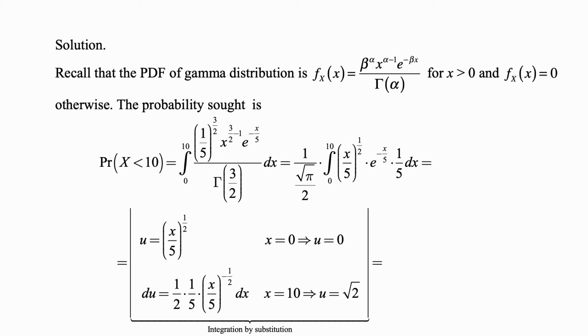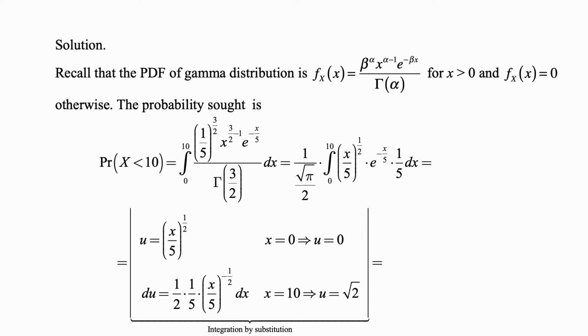The probability we're looking for is the probability that X is less than 10, which is the integral from 0 to 10 of (1/5) to the power 3/2 times x to the power 3/2 minus 1 times e to the minus x over 5, divided by gamma of 3/2. Now we know the gamma of 3/2, so we put 1 over square root of pi over 2 in front, multiplied by the integral from 0 to 10 of (x over 5) to the power 1/2 times e to the minus x over 5 times 1/5 dx.